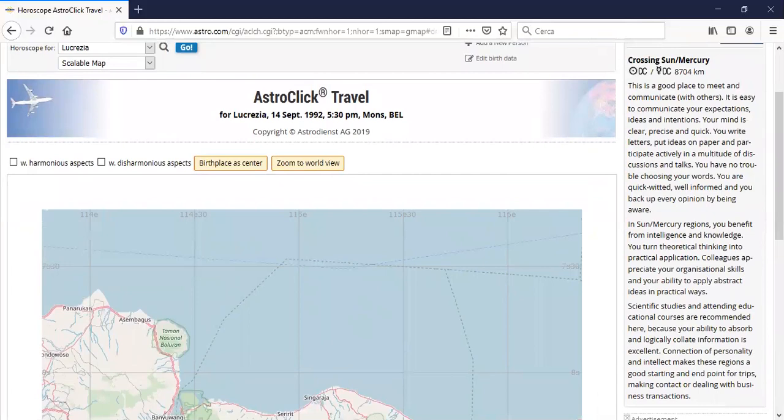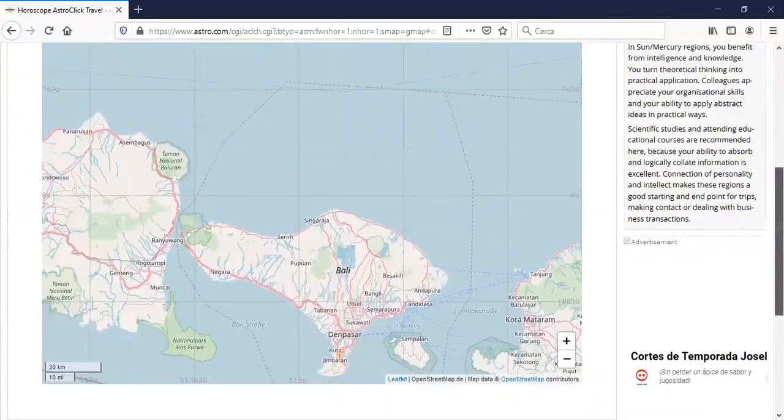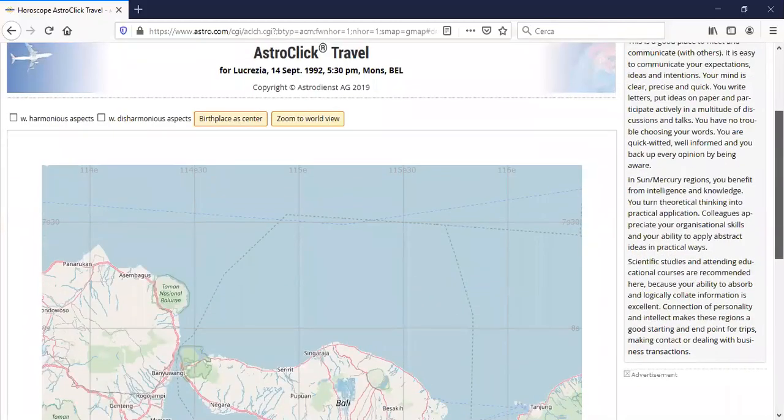So here it's my crossing Sun Mercury on the descendant. So this is a great place for communication and also for relationships. So maybe having business relationships with other people. I write for a living, so this is very good also for my work. Maybe meeting other people who are into similar topics and exchanging ideas. So this is something that is interesting for me.